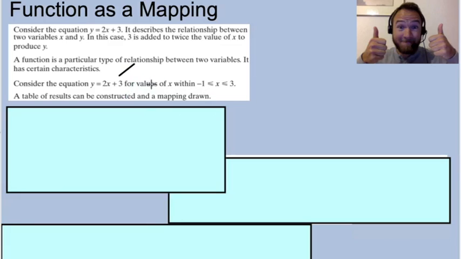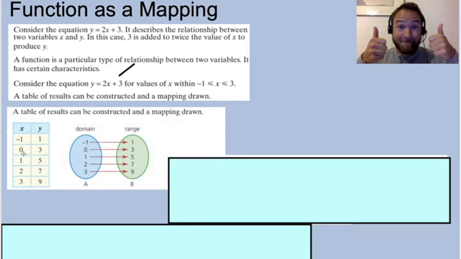For values of x where -1 is less than or equal to x, which is less than or equal to 3, so between -1 and 3, including -1 and 3, we can make a table. If we plug those values in, we would end up with these y's.